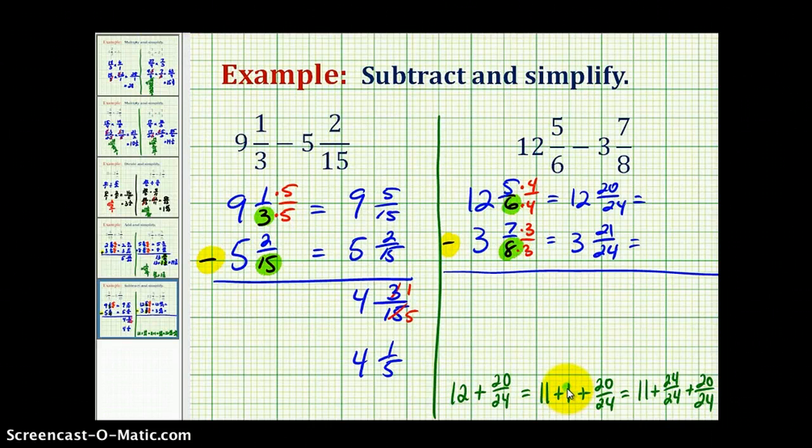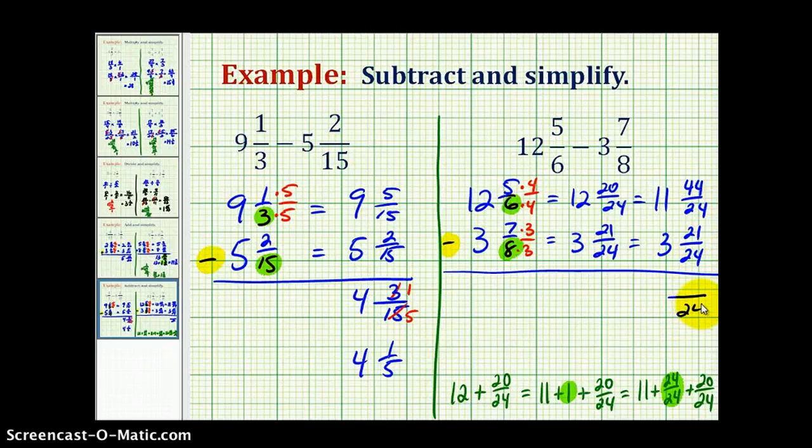If we borrowed this 1 from the 12 and rewrite 1 as 24/24, we can now add these two fractions here. So 12 20/24 is equal to 11 44/24. And now we can perform this subtraction.